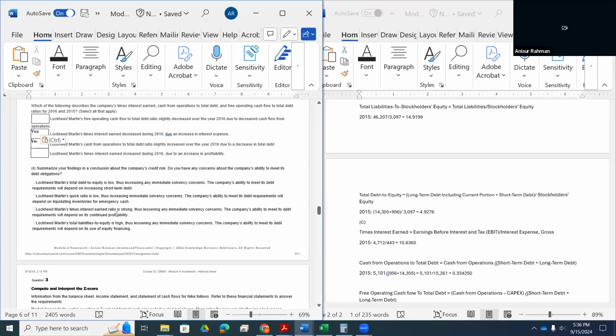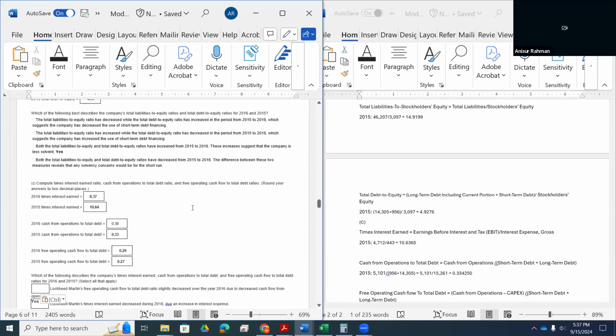Lockheed Martin's times interest earned ratio is strong, thus lessening any immediate solvency concerns. So in 2015, it was more than 10 times. Remember, times interest earned ratio is your EBIT, your operating profit, operating income, divided by interest expense. So EBIT is almost 11 times or more than 10 times.